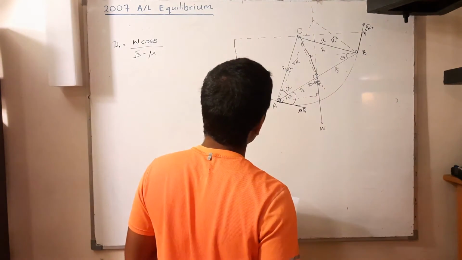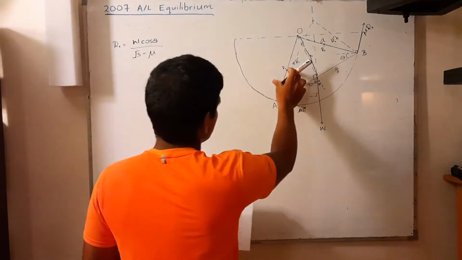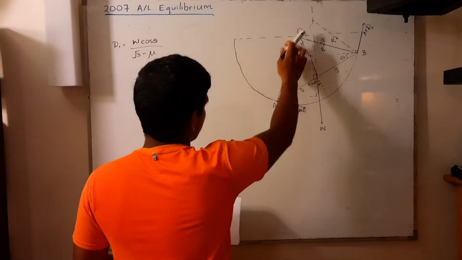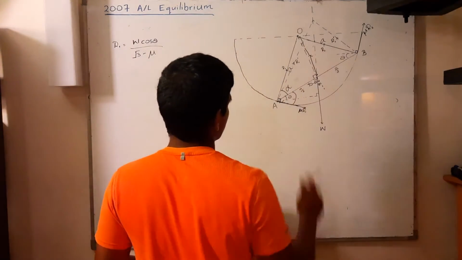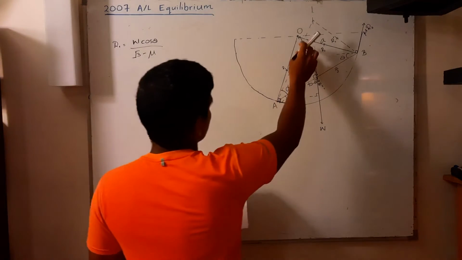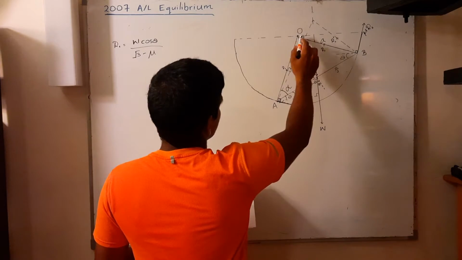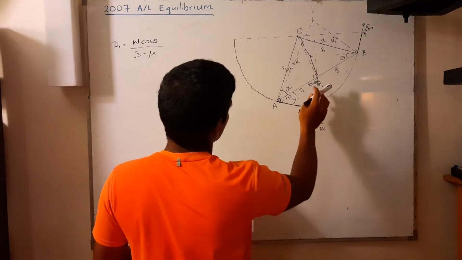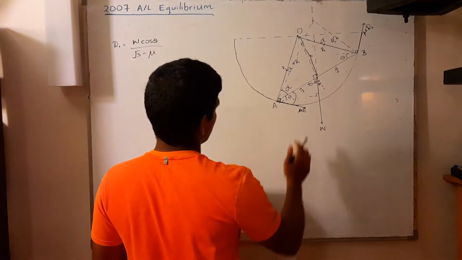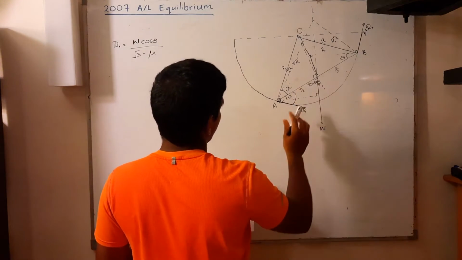They've also said that the hemisphere is of radius A. So I mark this length and this length as A, and then you can see that when a line is drawn from the center of the hemisphere to the midpoint of the rod, a 90-degree angle is formed.